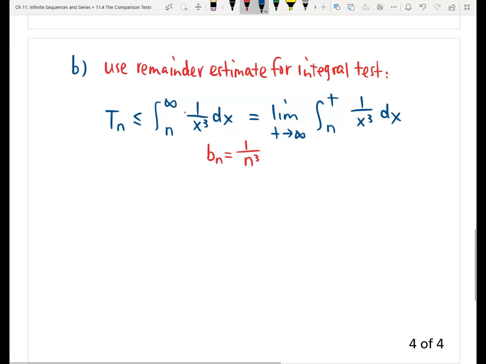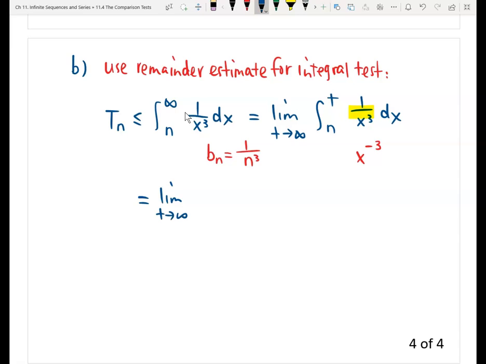This integral is easy to do because this is a power.